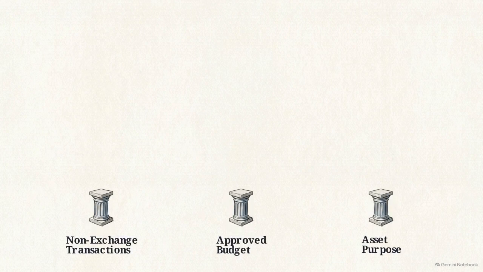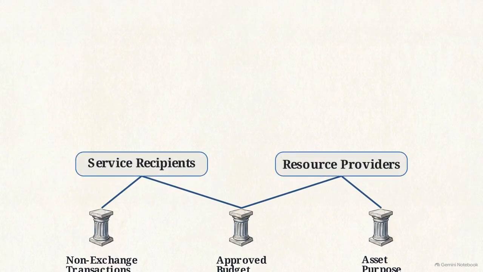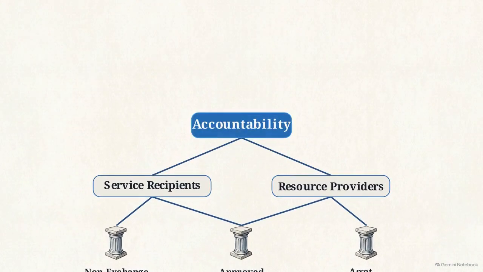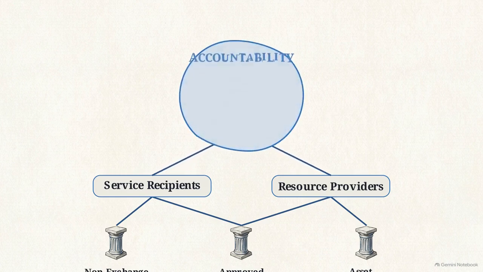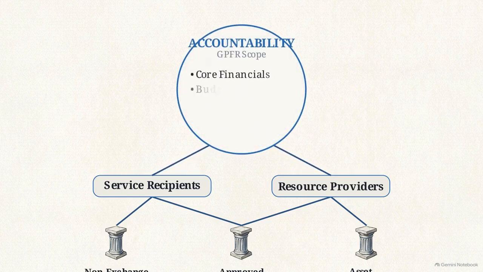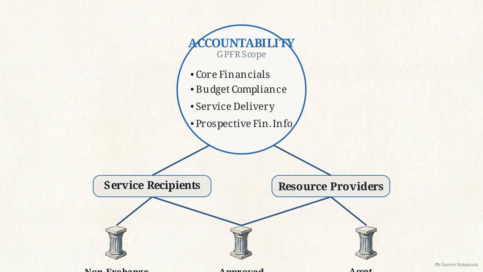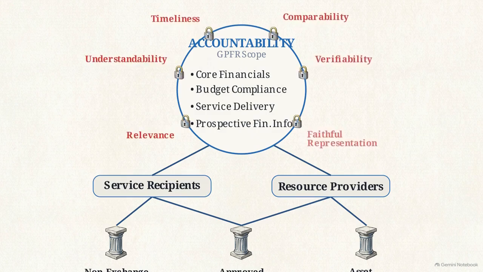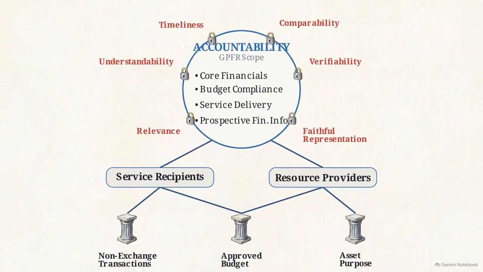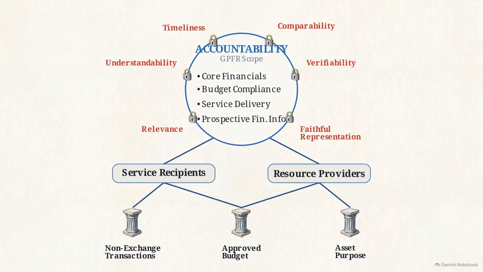Step 1. The non-exchange environment dictates exactly who the users of the report are. Step 2. The user's reliance on the state dictates that accountability is the primary objective of the reporting. Step 3. That objective of accountability mandates an expanded reporting boundary. And Step 4, that expanded scope requires strict qualitative filters to maintain the integrity of the data.